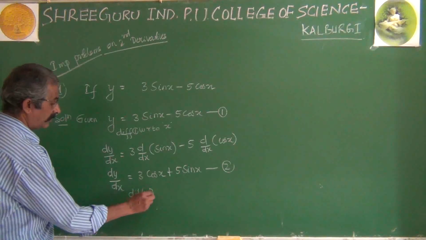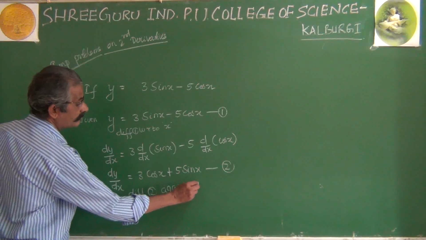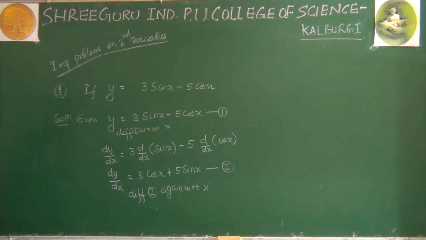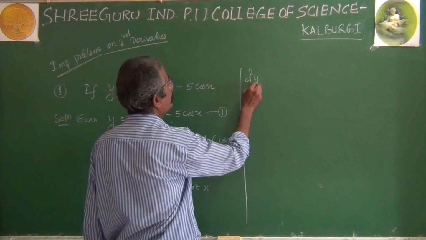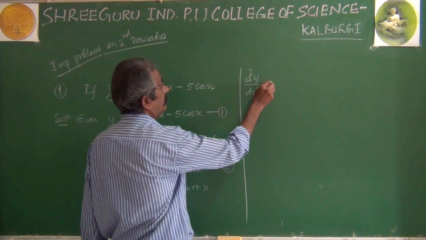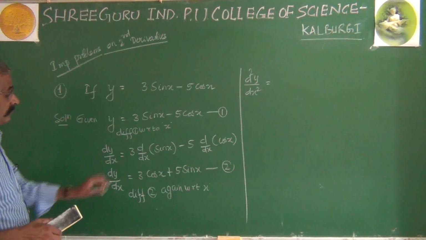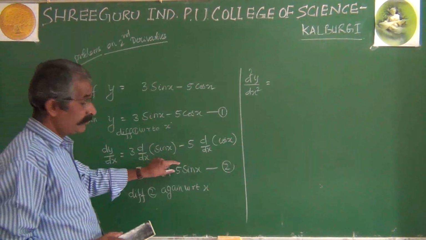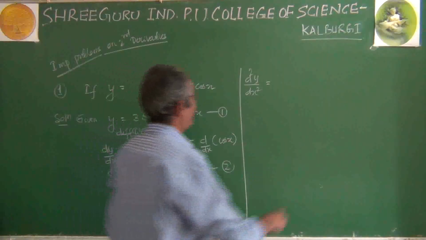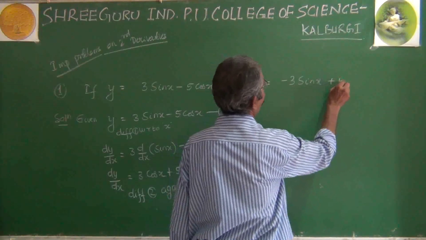On the left hand side, the symbol is d2y by dx2. On the right hand side, once again by the sum rule, 3 into the differentiation of cos x is minus sin x, and 5 into the differentiation of sin x is cos x, that is minus 3 sin x plus 5 cos x.